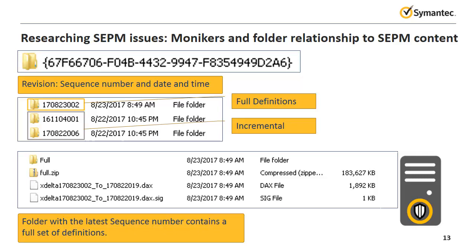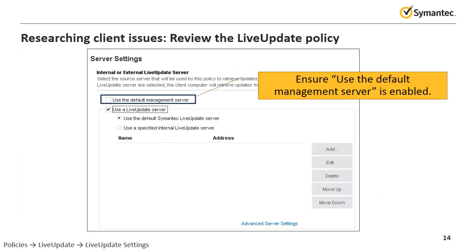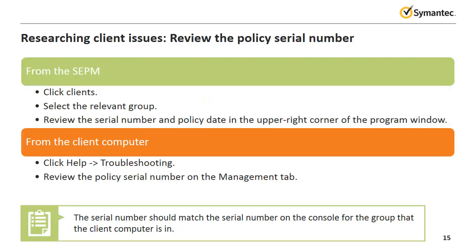The number of folders depends on the number of content revisions to keep. Incremental folders contain both forward and reverse deltas by sequence number. The folder with the latest sequence number contains a full set of definitions. Also ensure Use the default management server is enabled under Server Settings in the Live Update Settings policy.